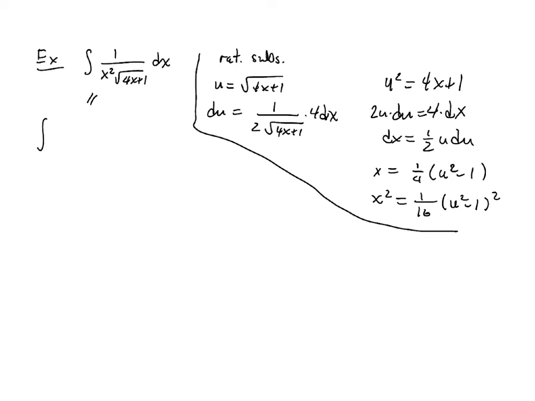So I have the antiderivative of 1 over my x squared, which is 1/16 u squared minus 1 squared. I have my 4x plus 1 inside a square root. That's exactly my u. And let's highlight those in color. So there's x squared, which goes here. Here's square root of 4x plus 1, which goes here. And then I have my dx, which I'll put upstairs, and that's 1/2 u du.